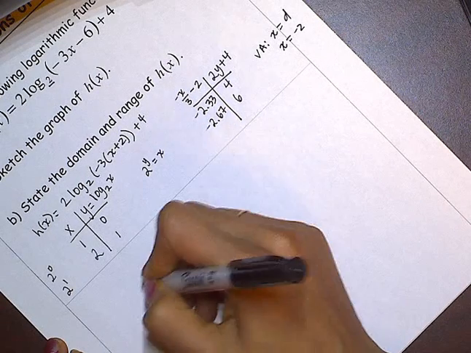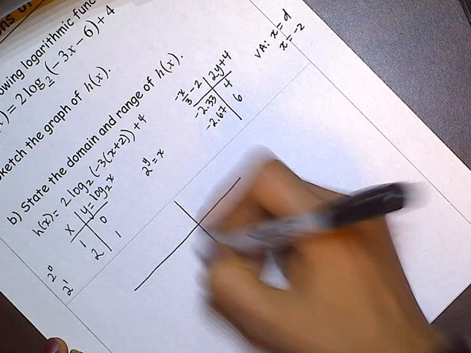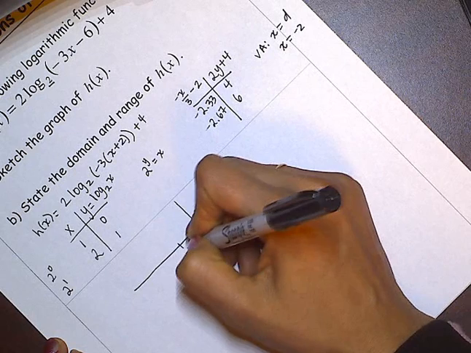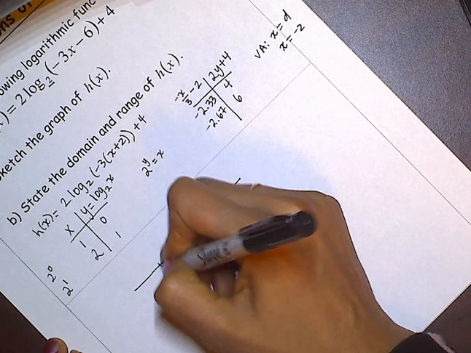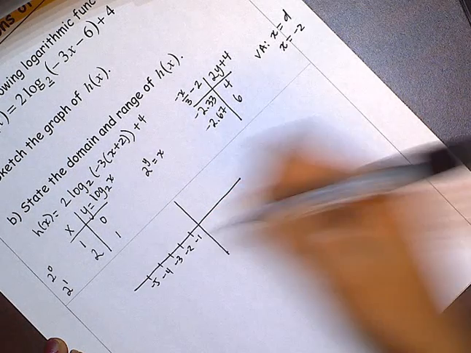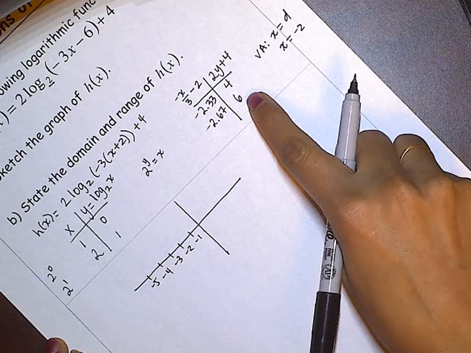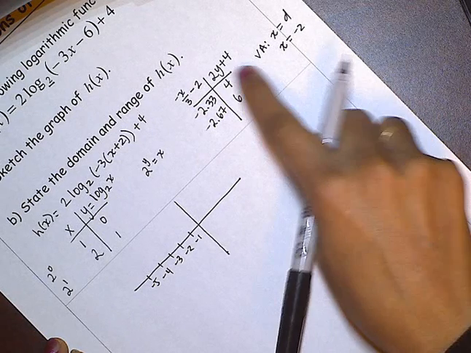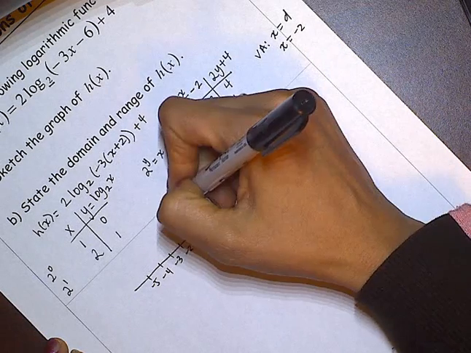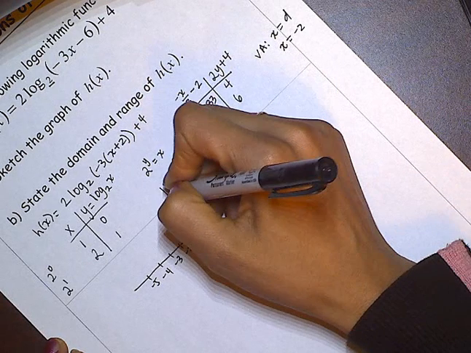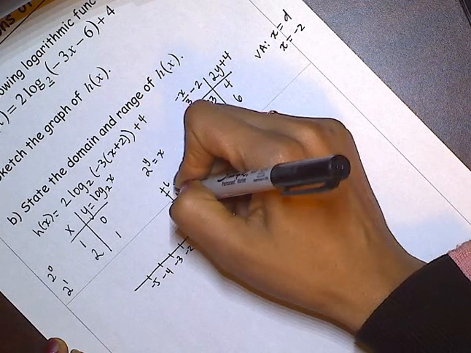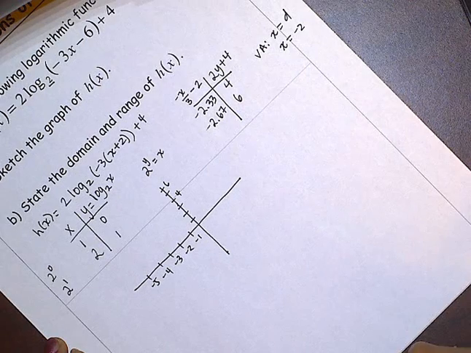Negative 1, negative 2, negative 3, negative 4, negative 5. And my y values basically have to be positive values, so it's 4 and 6. 1, 2, 3, 4, 5, 6. And I'm going to start off by plotting my vertical asymptote first, which is x equals negative 2.